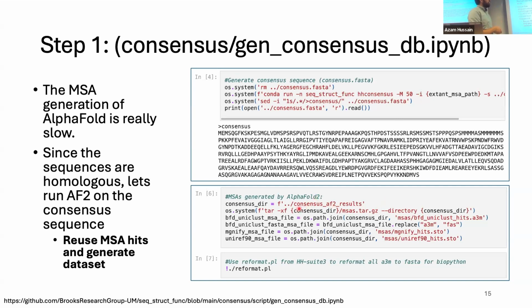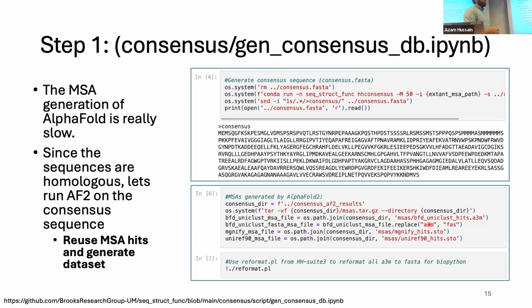So for example, this one, there's a directory right in the same example folder, and it holds the results for the consensus run. If you're interested in what the output of AlphaFold looks like, I would recommend looking in that directory, because I take the MSAs that were generated from that run.